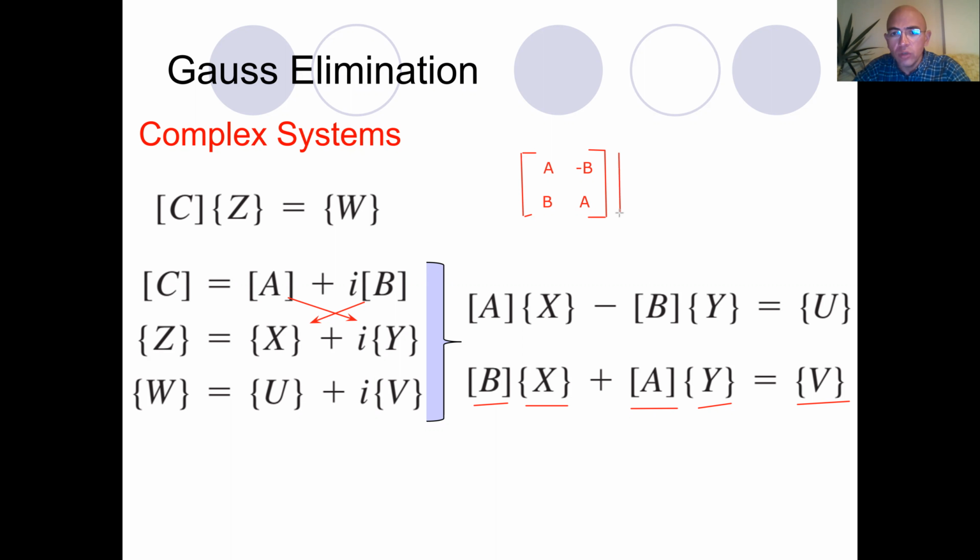And certainly my vector of unknowns will be X here, and Y here. And this has to be equal to U and V.